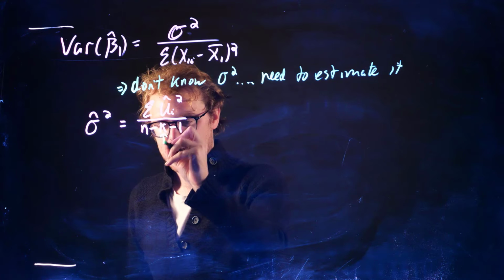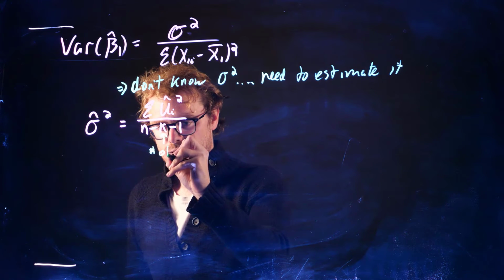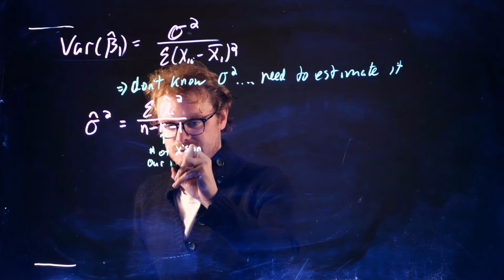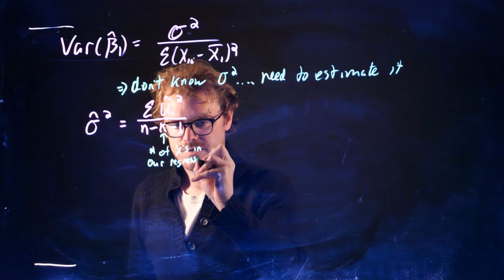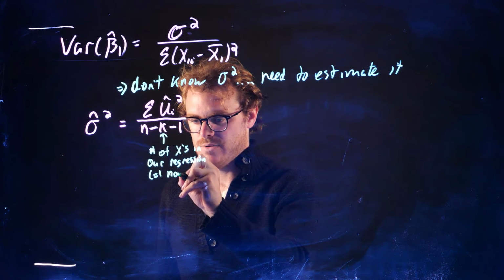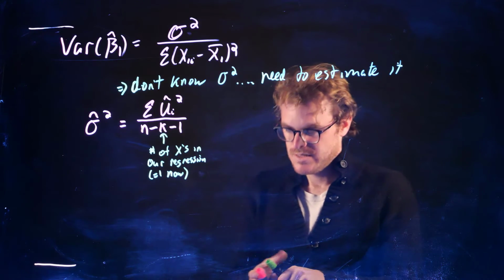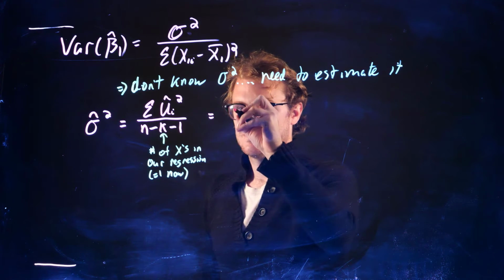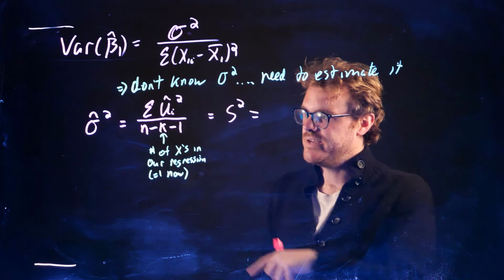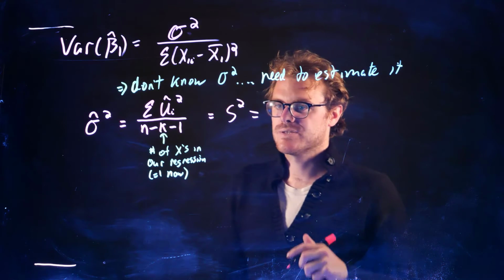This k is the number of x's in our regression, which equals 1 now. We often call this s squared instead of sigma hat squared.